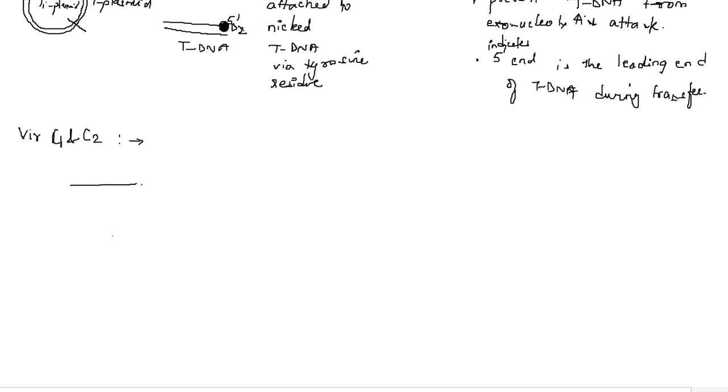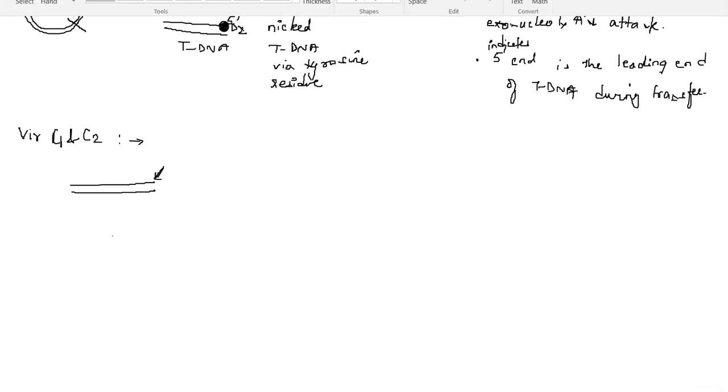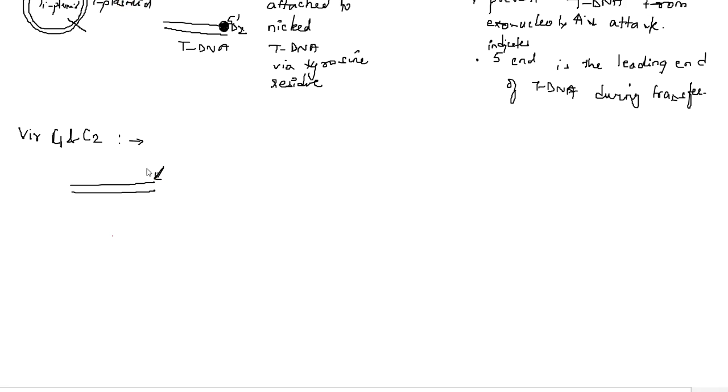If this is the T-DNA, one strand will go into the plant cell and the other strand will be degraded. The one strand which will remain intact will remain bound to D2.